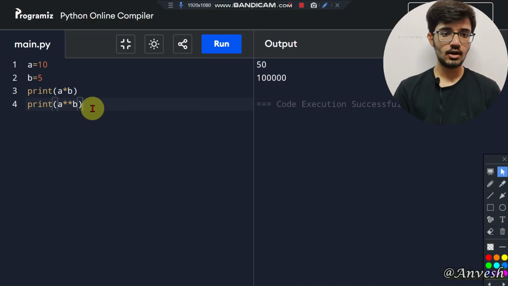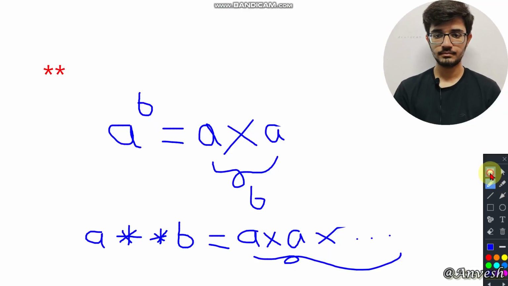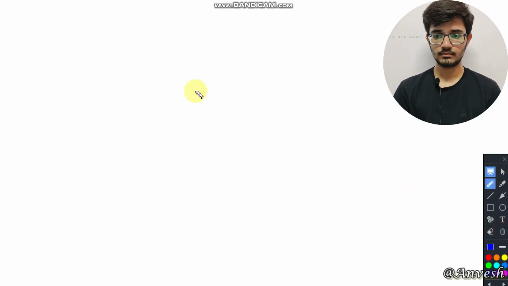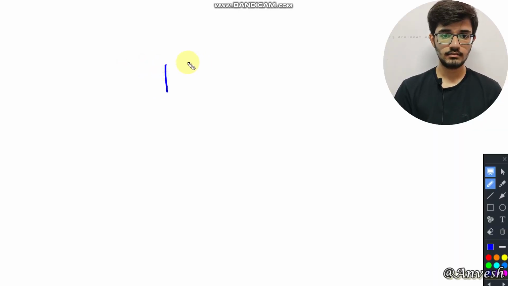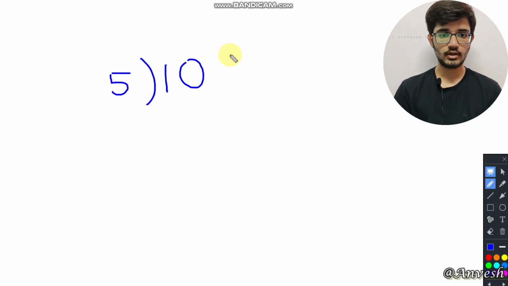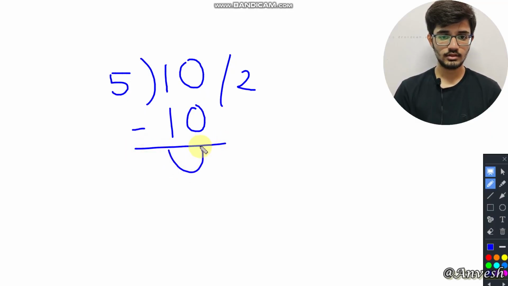So actually in arithmetic operators, we also have the modulus operator. So what is it? Let's see. Suppose we take 10 divided by 5. We get the quotient as 2, and zero is the remainder here.